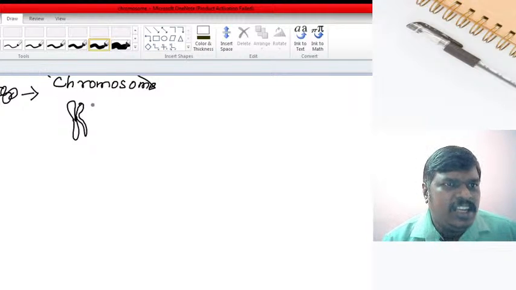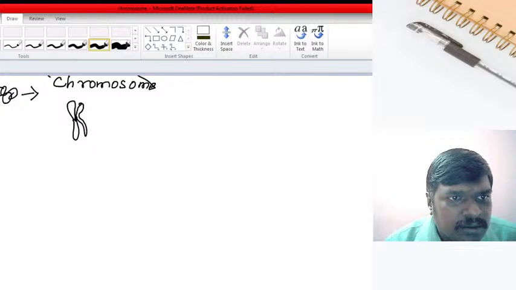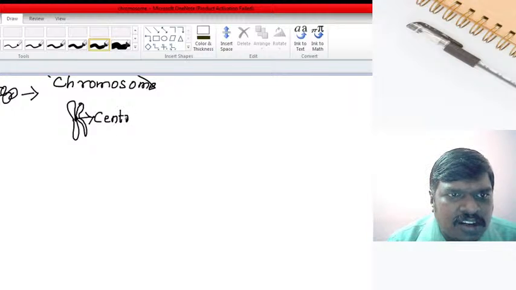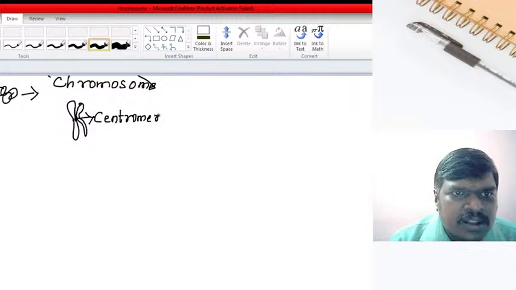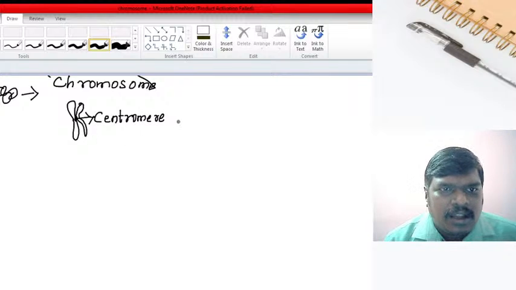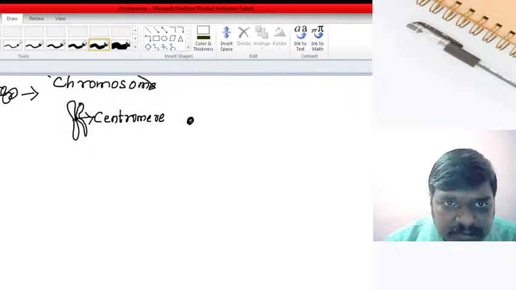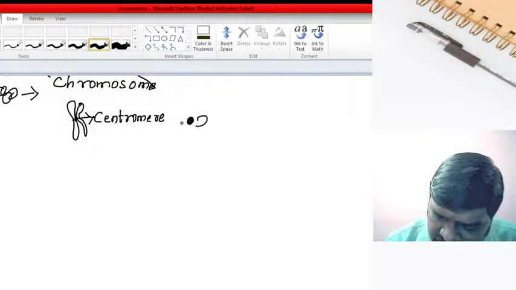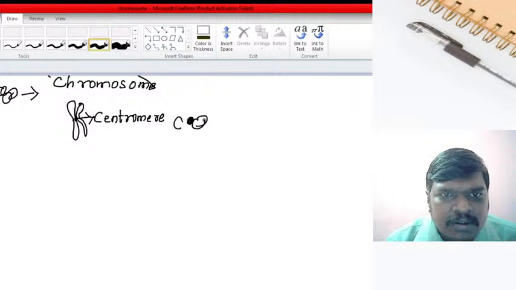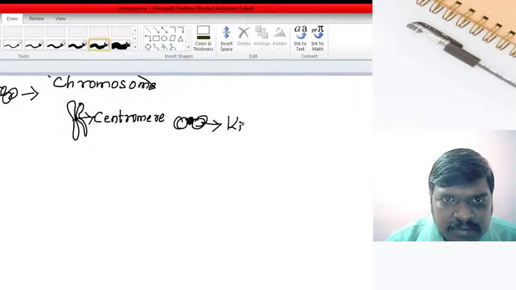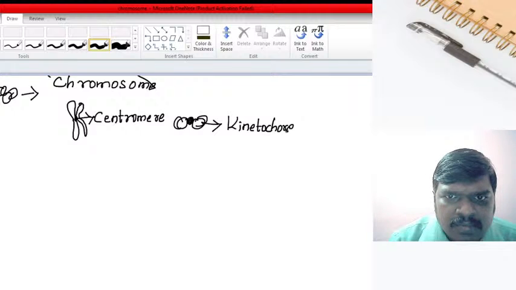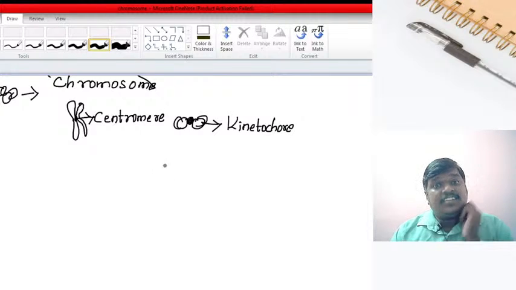That center region we call the centromere. Adjacent to the centromere, on the side of the centromere, the kinetochores are formed. The kinetochore is very important for cell division.